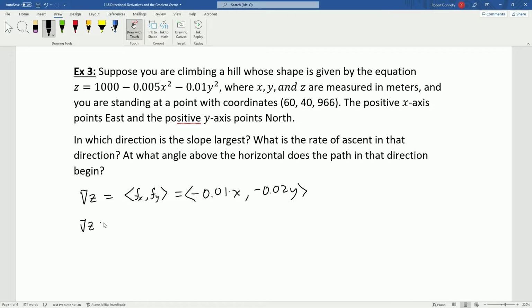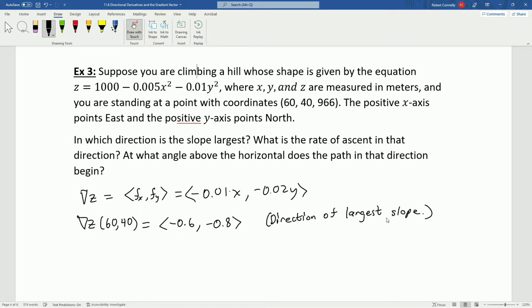So now if we evaluate this thing at the point 60, 40, we get negative 0.6 and negative 0.8. So this is the direction of largest slope. And I'm fine with just using the vector as the direction.